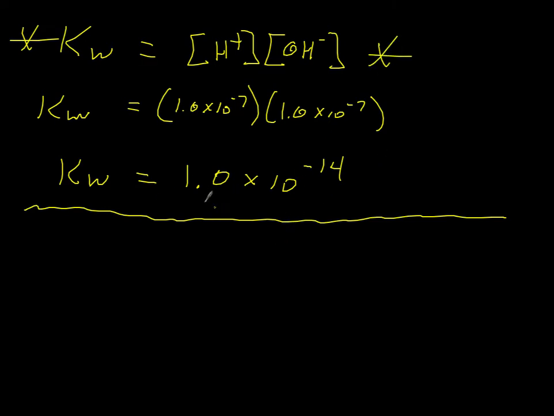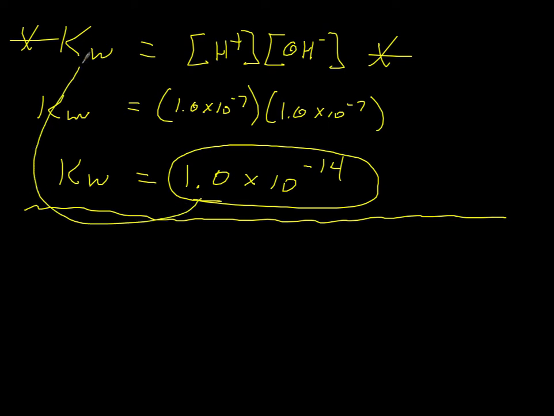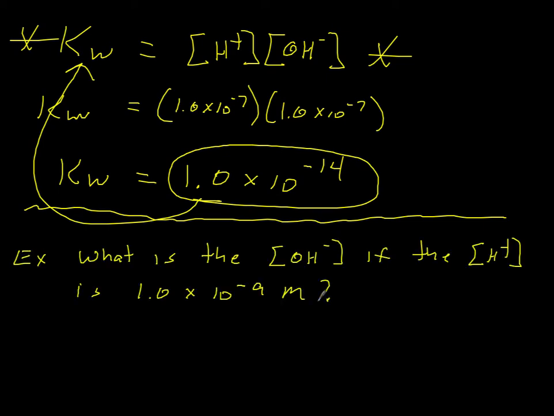But we can take this number, 1.0 times 10 to the negative 14th, and we can plug it in to Kw. And then all we have to know is either the H or the OH, and we can solve for the missing component. So, example. Okay, so Kw equals H times OH.